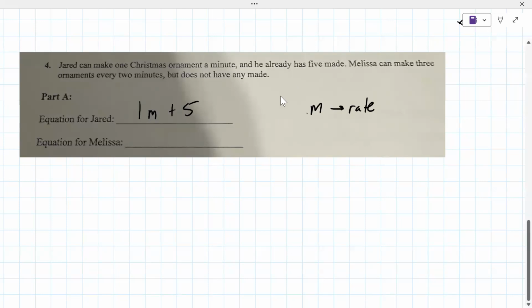What would the equation for Melissa be if she can make three ornaments every 2 minutes? You want to convert that into a unit rate? Okay. So then probably, yeah, she starts at 0.